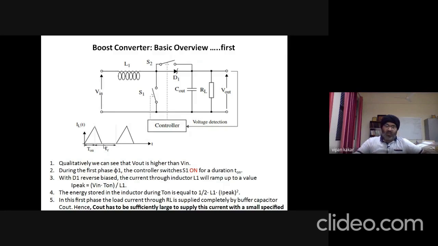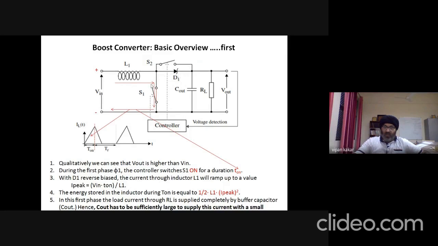So during this first phase, phi 1, the controller switches this S1 on. When this switch turns on or gets closed, the diode D1 gets reverse biased. Switch S2 we will not be discussing for this basic overview, but we'll see how this switch S2 gives us a better efficiency. So we'll be using D1 instead in this case.